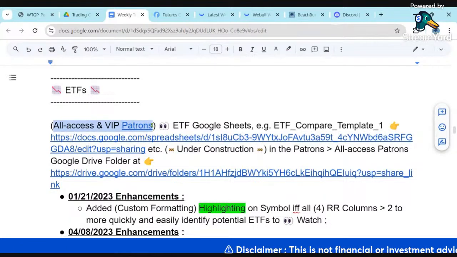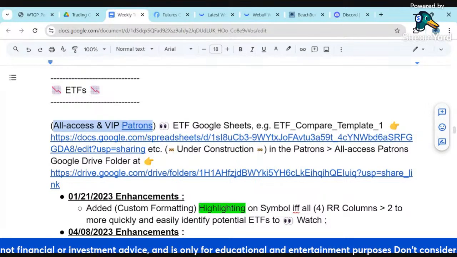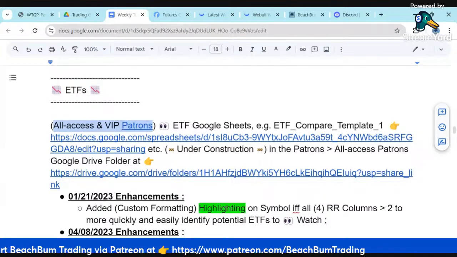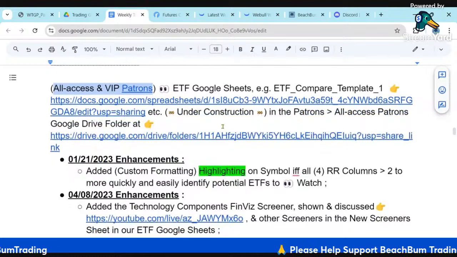And our All Access and VIP Patreons can get access to our ETFs Google sheet 24/7. So again, if you have a trade idea, you see some opportunity in the markets, you can jump over to our ETFs Google sheet, find an ETF with whatever leverage or risk reward profile that you'd like, with whatever underlying, and take advantage of either that long or short opportunity.